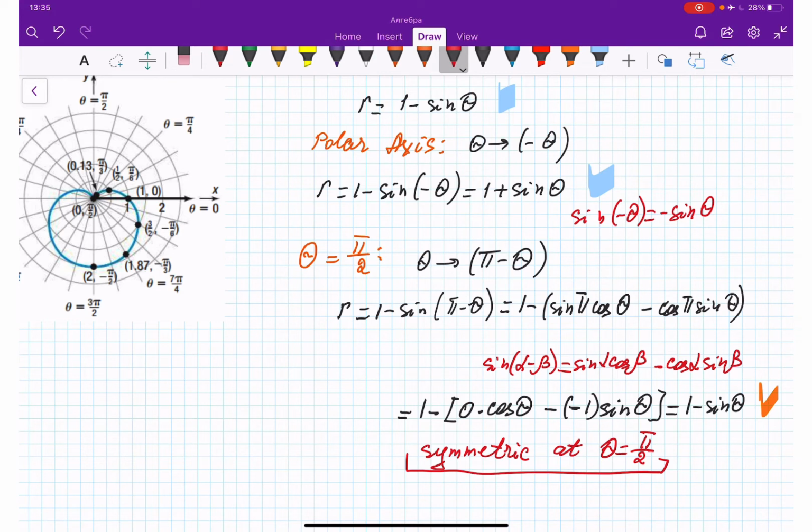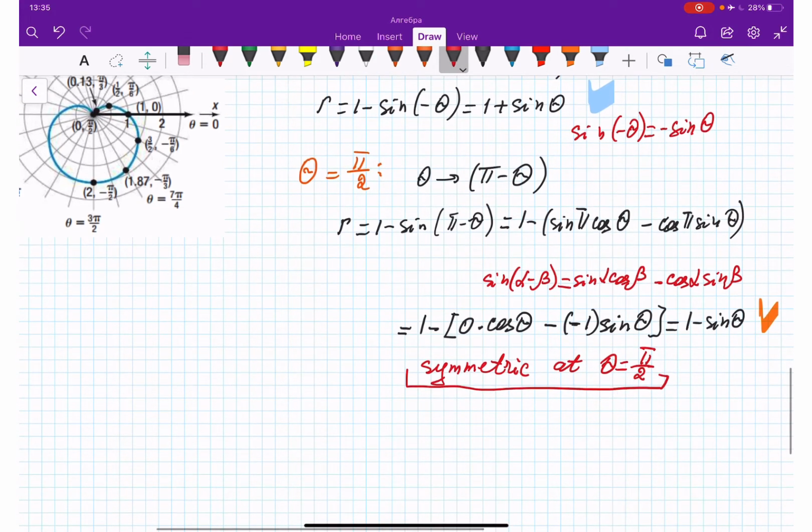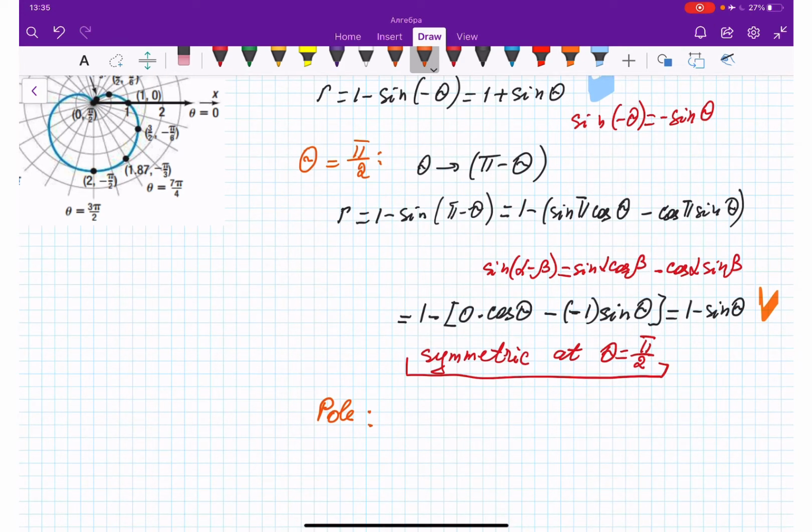Third one, testing for the pole, or origin, right? So we are going to replace r with negative r.